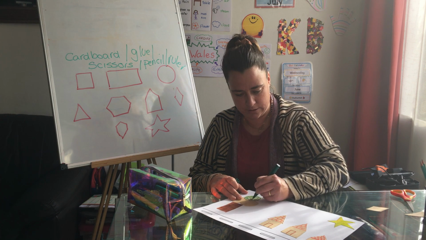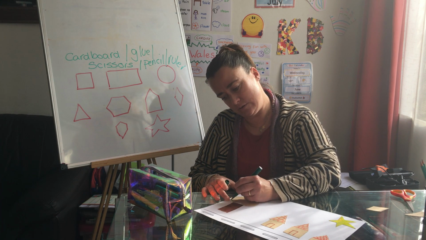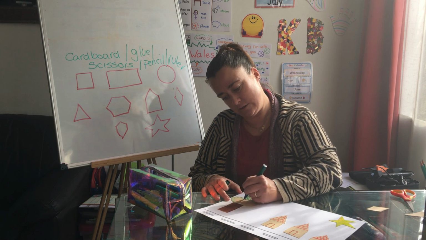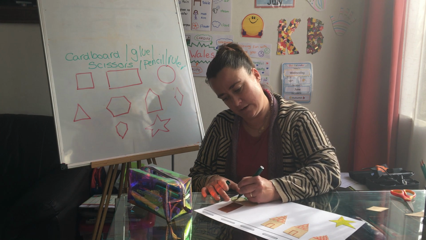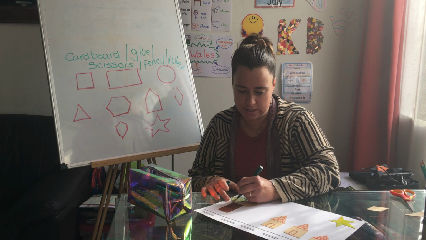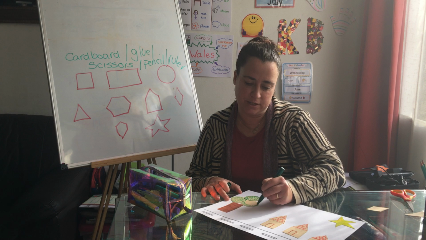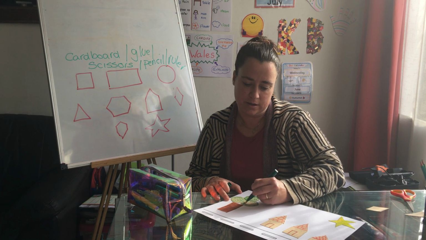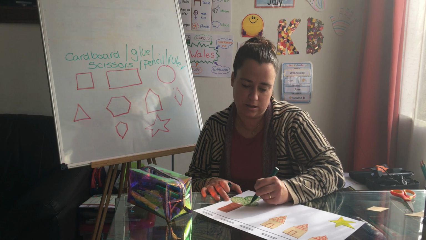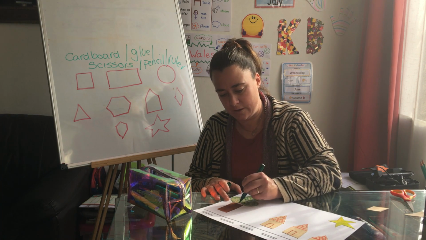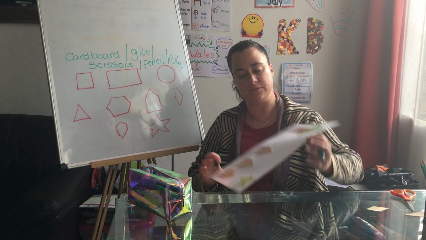Right? Here we go. And we're going to just make like if it had different branches and leaves and bunches of things, right? There we go. Look at my tree. Beautiful tree.